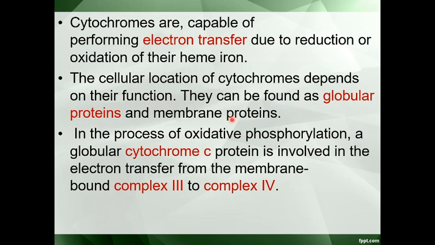In the process of oxidative phosphorylation, globular cytochrome C protein is involved in electron transfer. You have seen the process of oxidative phosphorylation, and cytochromes are responsible for the transfer of electrons from complex 3 to complex 4.